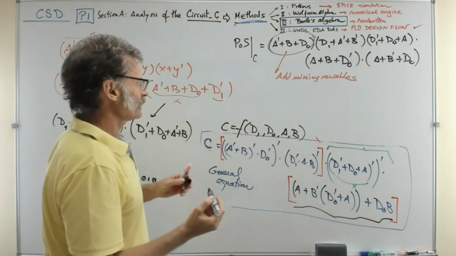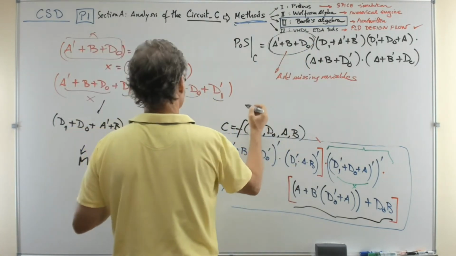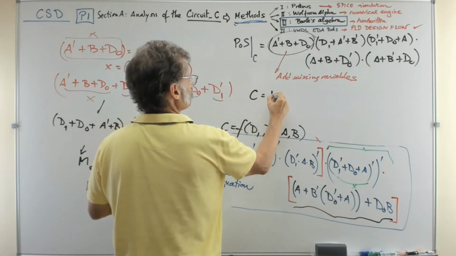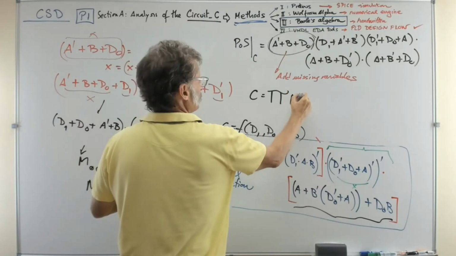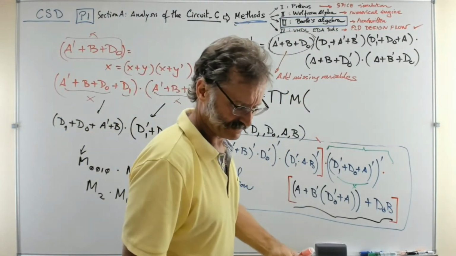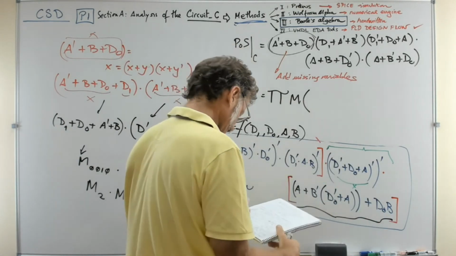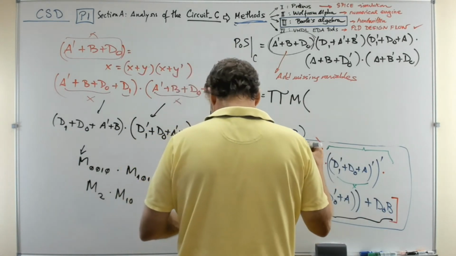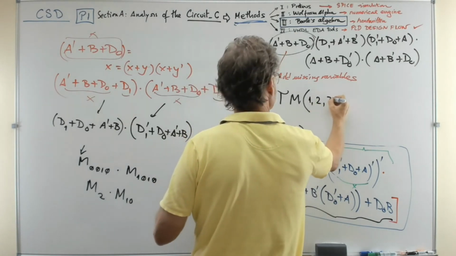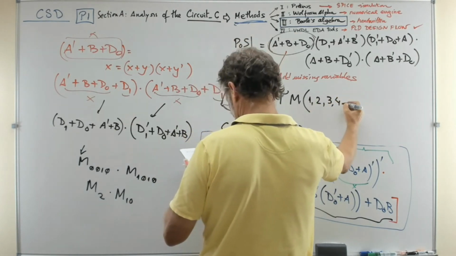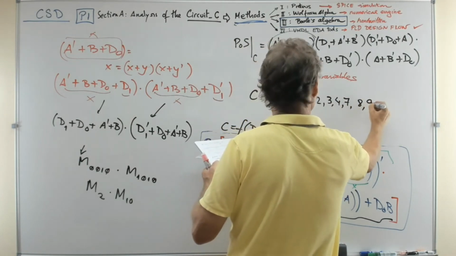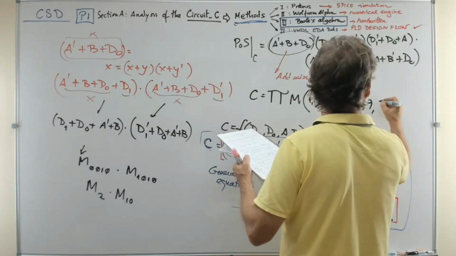So now you can get them all doing the same thing for the other four, so that the C is going to be a product of the max terms, the ones that I will name for you: the max terms 1, 2, 3, 4, 7, 8, 9, 10, and 12.